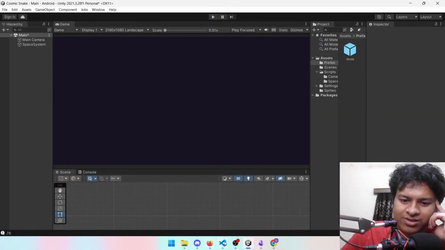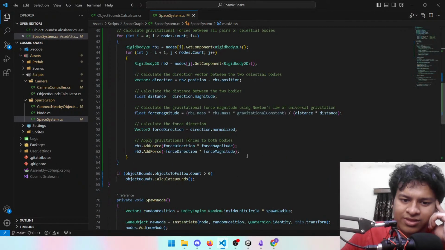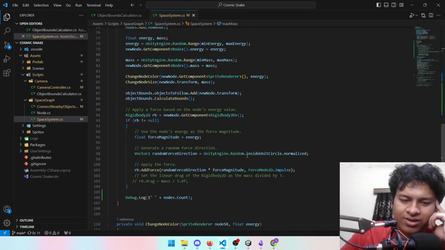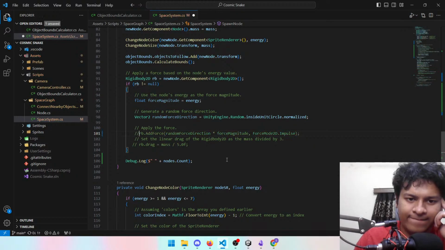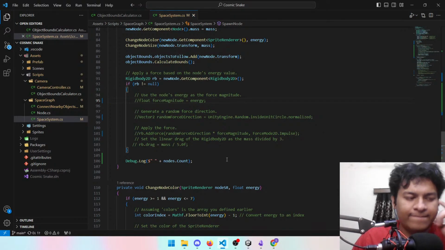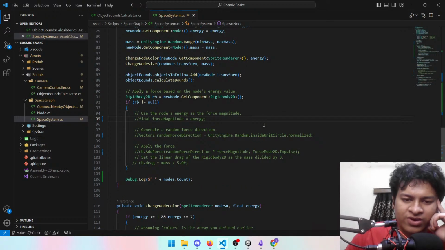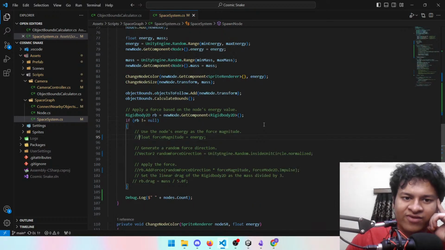Let's not apply the energy. No, it's because the energy was being applied and the mass is probably the same for everything.